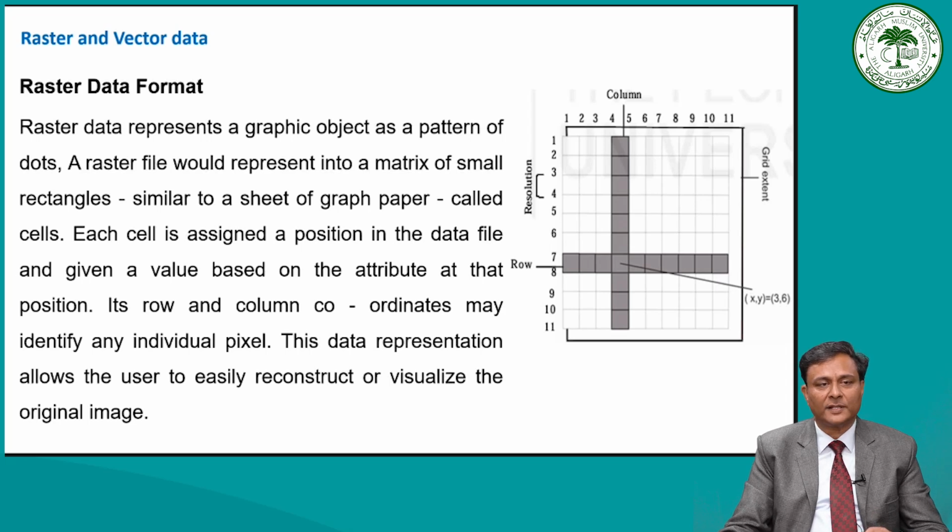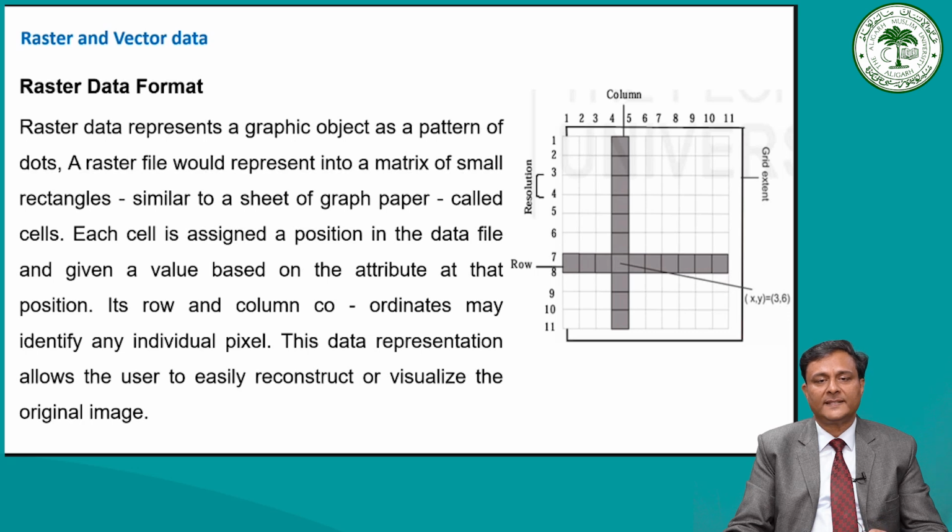So now we are focusing on the raster data format. The raster data model is composed of a regular grid of cells in specific sequence, and each cell within a grid holds data. The conventional sequence is row by row, which may start from the top left corner in the Cartesian method.